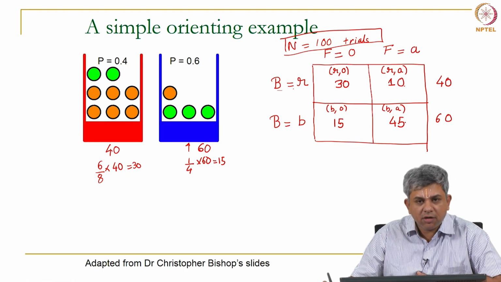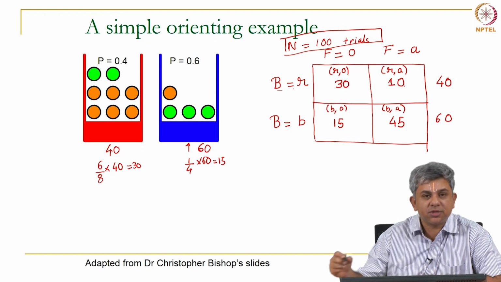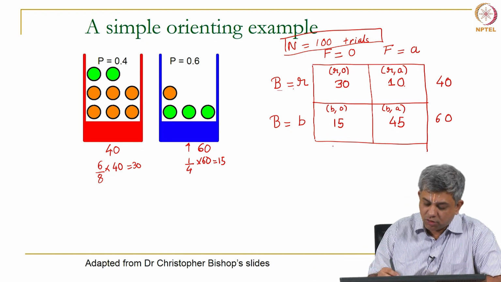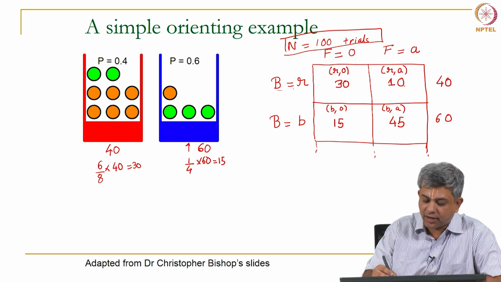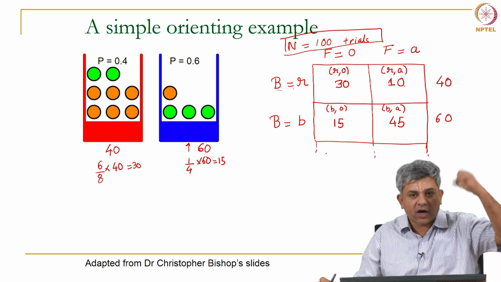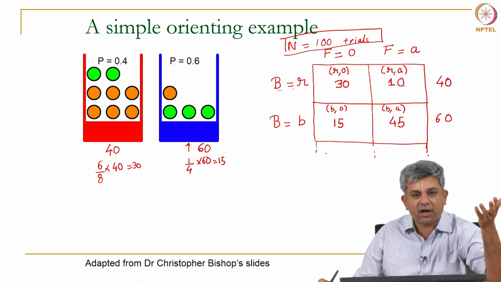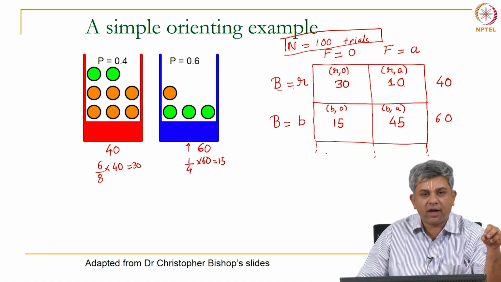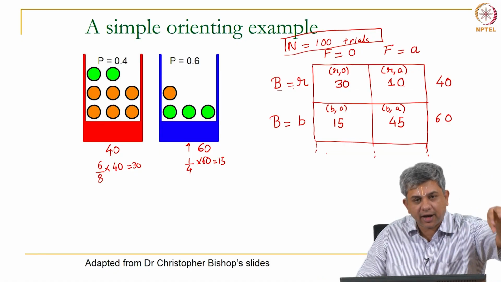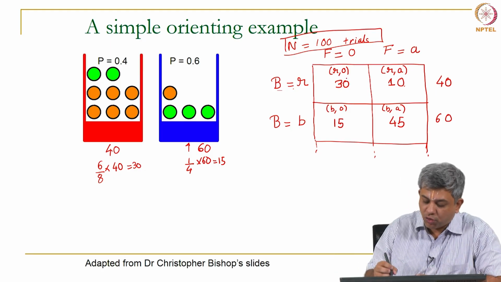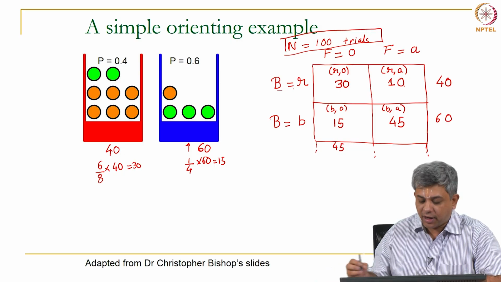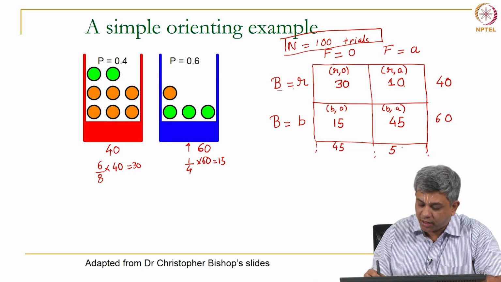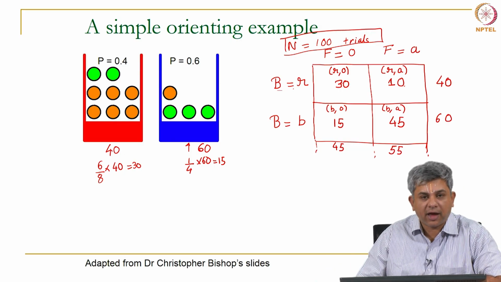So, this is a table which tells you how many times each of these cases occurs. You can also add this up and get the case that out of the 100 times, when I say 100 trials, what does it mean? In each trial you pick the basket and choose a fruit. Okay. So, amongst those, 45 of the times we actually picked an orange and 55 times we actually picked an apple. Okay.